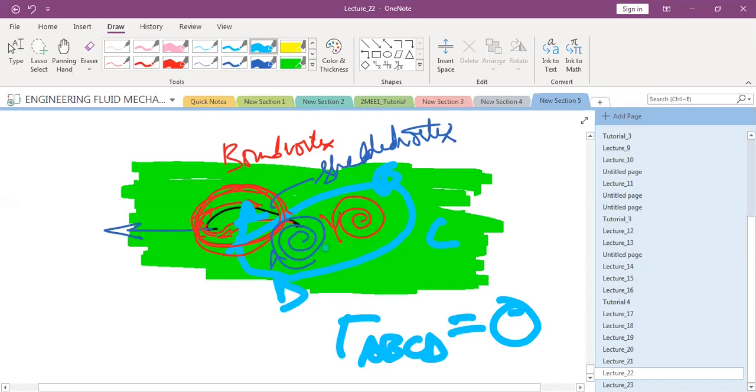And one more peculiar thing. What do you think? Will these two vortices remain here or will they be convected in downward direction? Will these shed vortices stay as they are or will they move in the fluid?